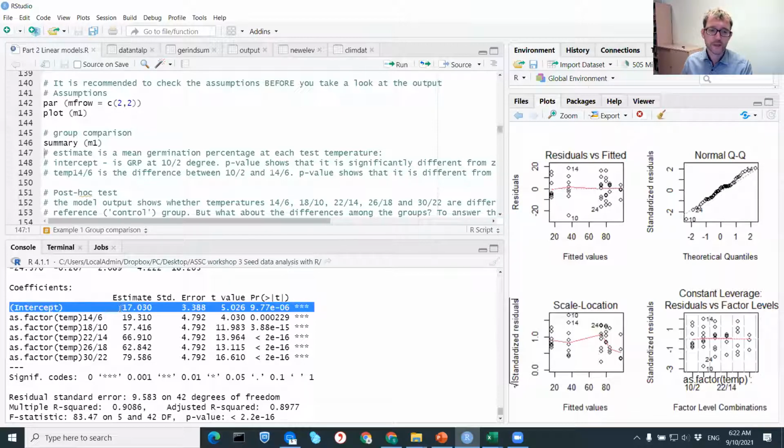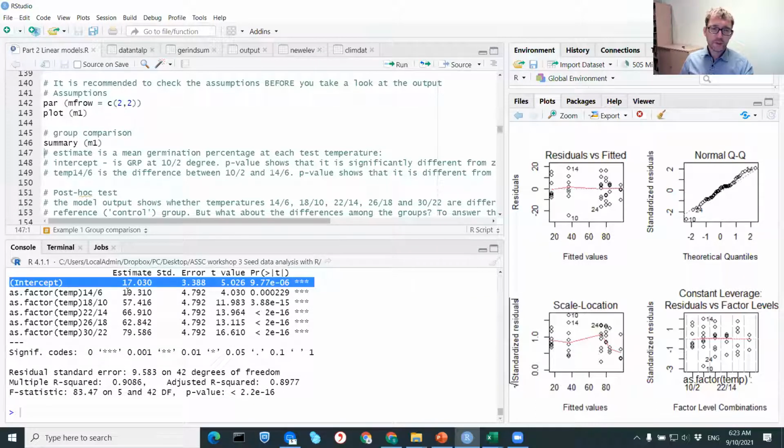So in this case, this is the estimate of germination percentage for the temperature 10.2. So the estimate here is that on average, seeds of Anthoxanthum alpinum germinate like 17, you have 17% germination, plus minus 3.4. Of course, there is always some error in these estimates. We have a t-test and a p-value indicating that this value is significantly different from 0. Right? So basically, meaning that at this temperature, we have some germination.